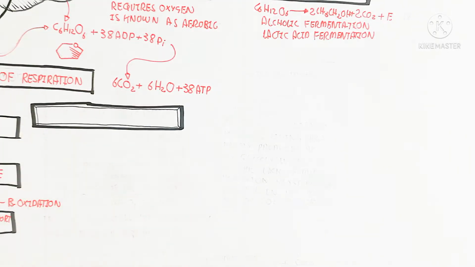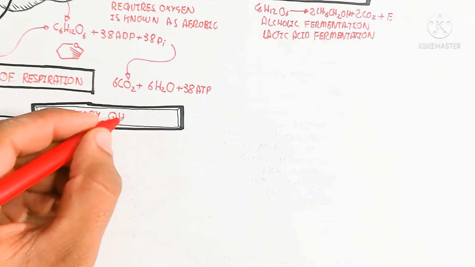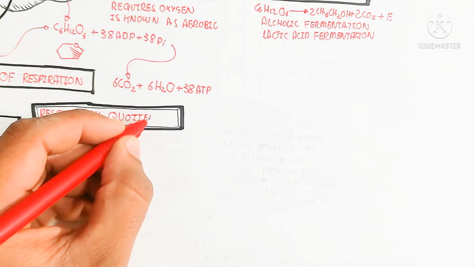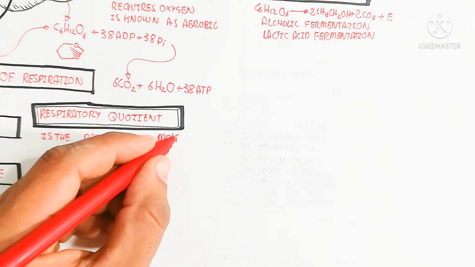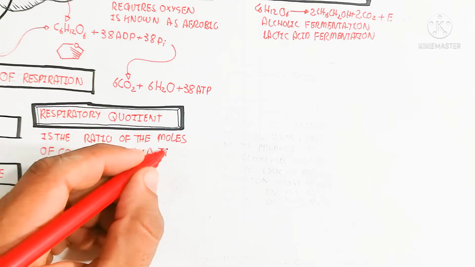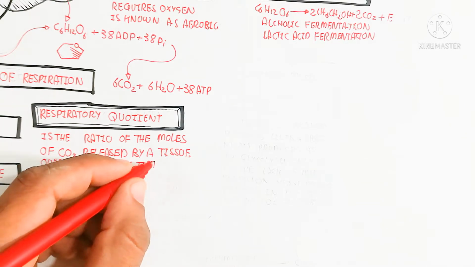So here is the respiratory quotient we will discuss now. It is the ratio of the moles of carbon dioxide released by a tissue over a period of time to the moles of oxygen taken up. Thus, RQ, the respiratory quotient value, is equal to moles of carbon dioxide released over moles of oxygen taken up.